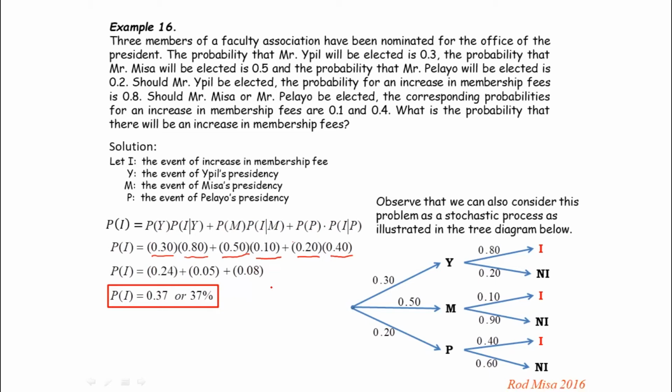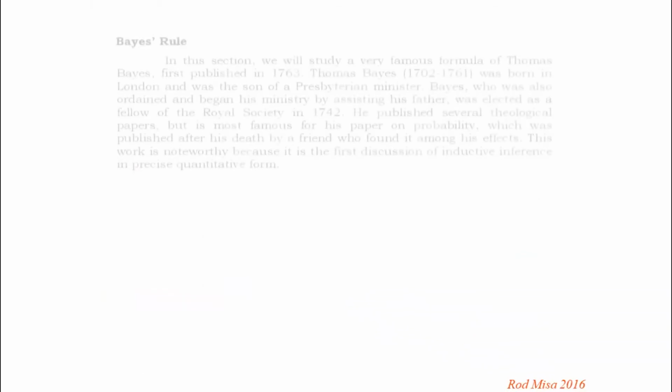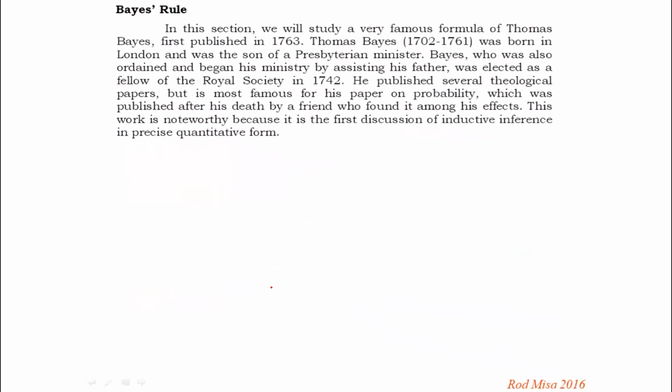And the last path, which is the product of 20% and 40%. So adding these three products from the 3 paths, we have a total of 37%. In other words, there is a probability of 37% that there will be an increase in the membership fee for this faculty association. Now, at this point, it's time to present to you the Bayes rule.